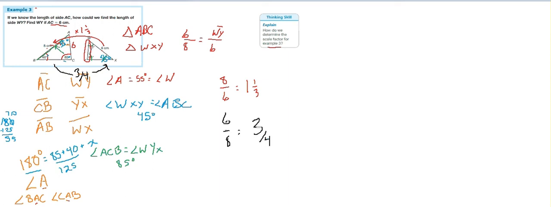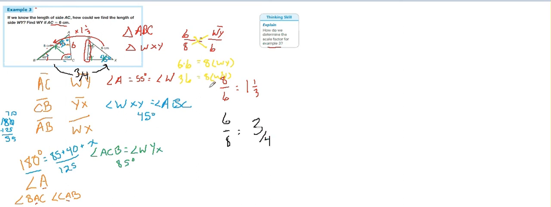Okay. Now what I like to do is solve the proportion, which we learned to do by multiplying diagonally 6 times 6 and multiplying diagonally 8 times WY. You might choose to just use an X. So 36 is 8 times WY.